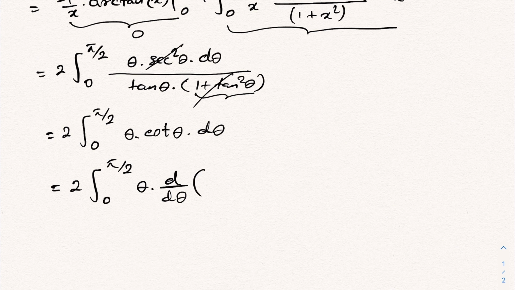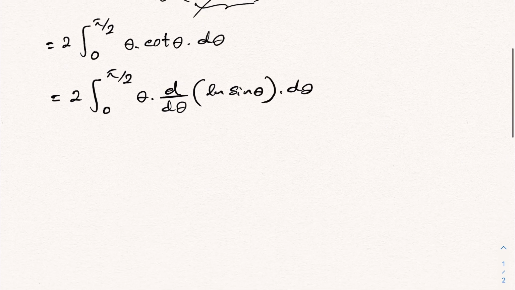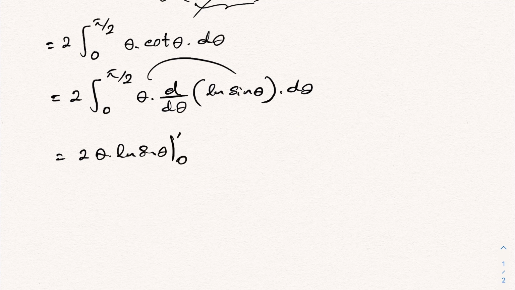Here integration of cotangent of theta, we know natural log of sine of theta d theta, then the product of these two functions, so we have 2 times theta times natural log of sine of theta, limit from 0 to pi over 2, minus 2 times integral from 0 to pi over 2.